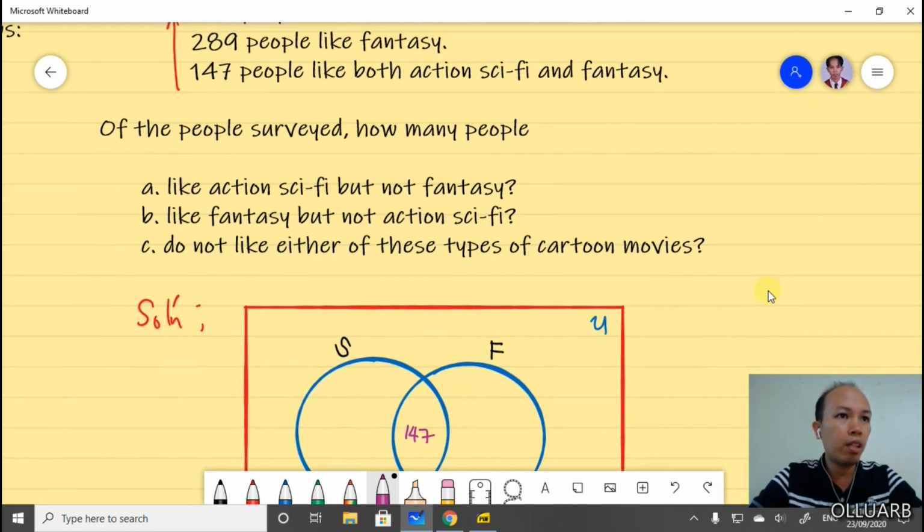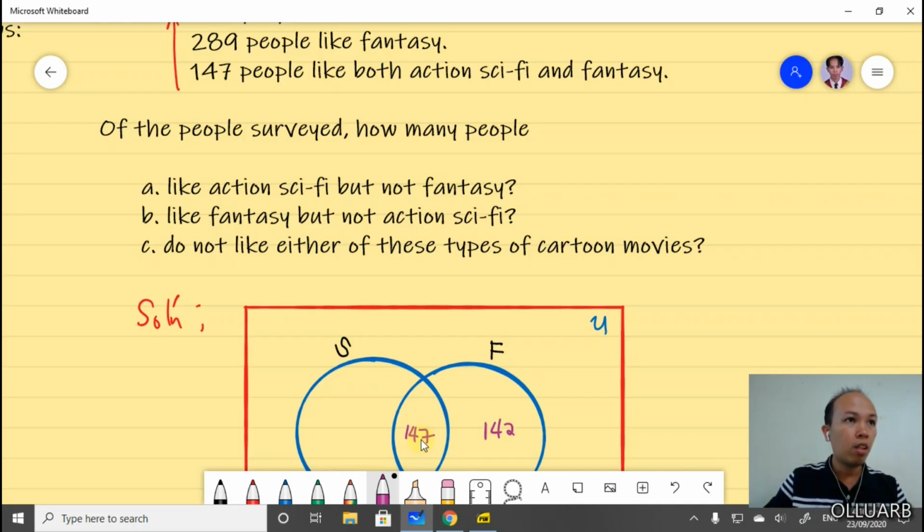Then 289 people like fantasy. So fantasy 289, so 289 minus 147. Let's use a calculator. 289 minus 147 is 142.